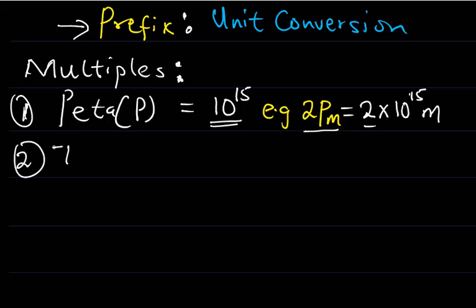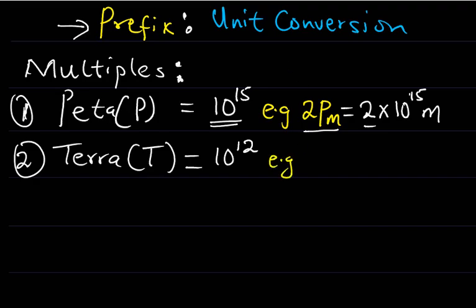Now number 2, we have the tera, capital letter T. This is times 10 raised to the power 12. For example, let's say you are given 3 terameter. To convert that, you multiply the 3 times 10 raised to the power 12, of course, in meters.